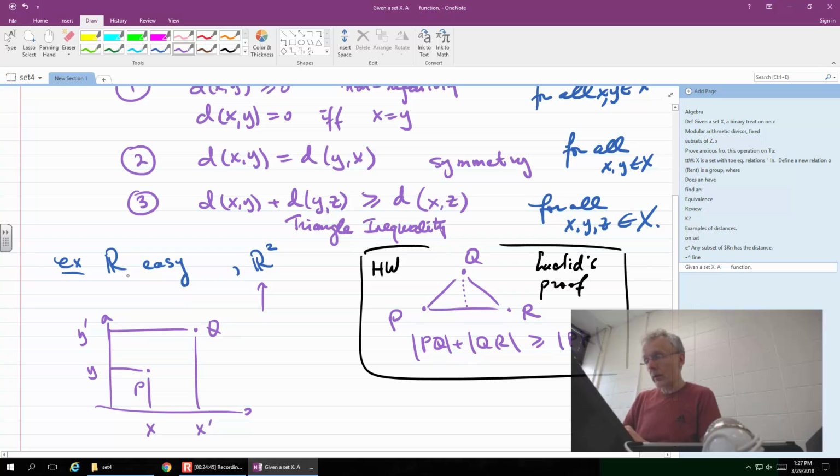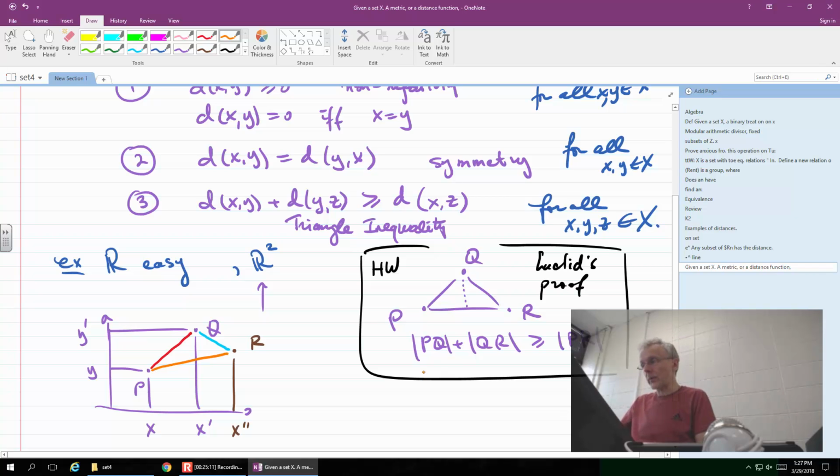Okay, so these are the two points' coordinates. The distance that we're trying to figure out is this. Hold on a second. We need three points. R. So this is x double prime. Like this and like that.